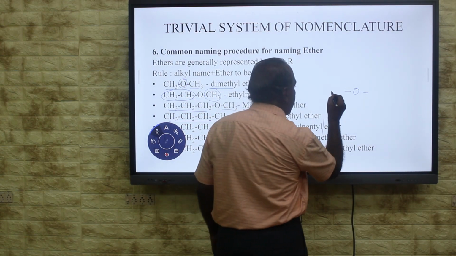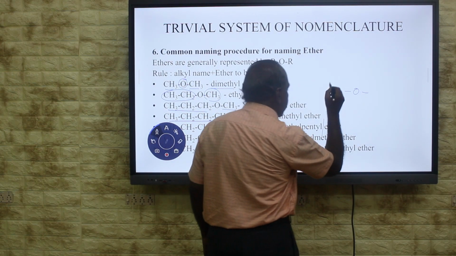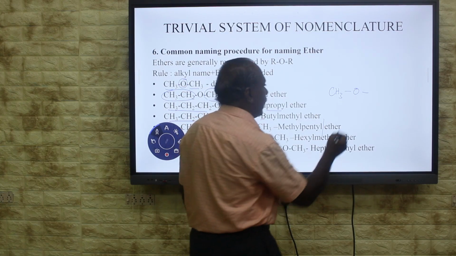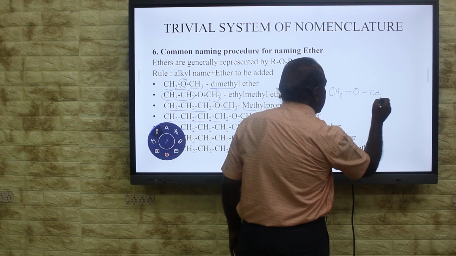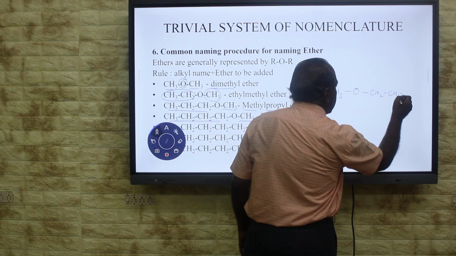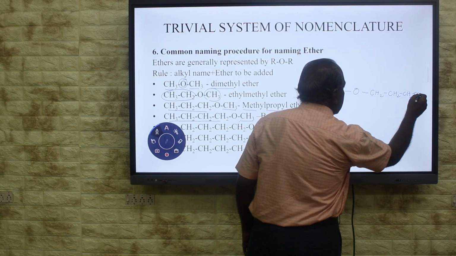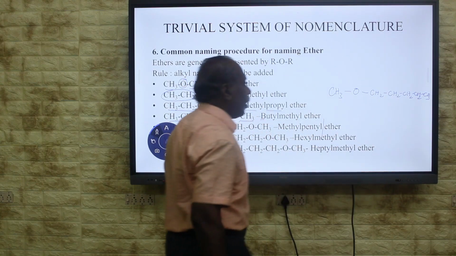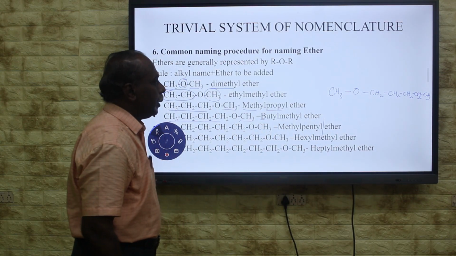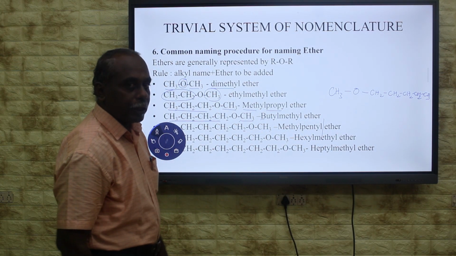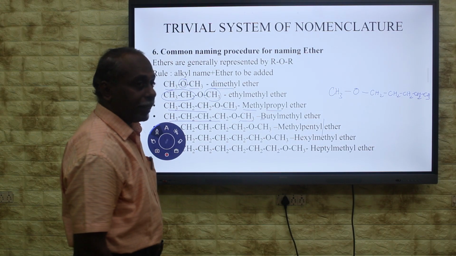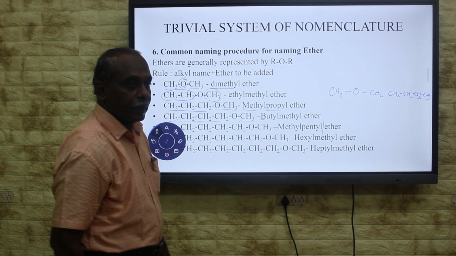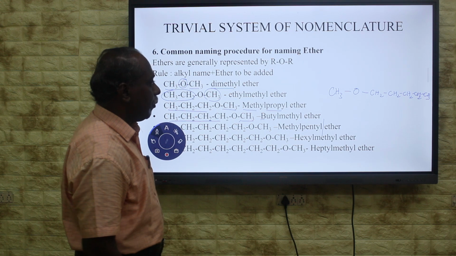Methyl is substituted on any one of the sides, methyl. Then the other one is pentyl. Here 5 carbons will be there. The formula is CnH2n+1 for pentyl, so for C5, H11.